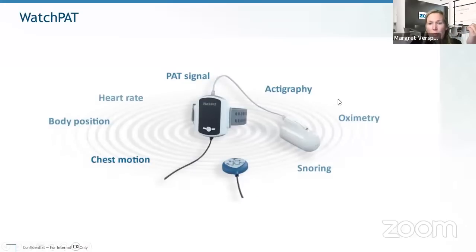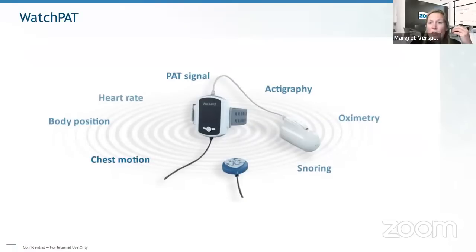Then we have the probe, the specific PAT probe, and in the PAT probe there is an oximetry sensor. So we measure the oximetry level, the saturation level in these patients, like we do with the polygraphy and polysomnography. We also measure the PAT signal, and PAT stands for peripheral arterial tonometry.